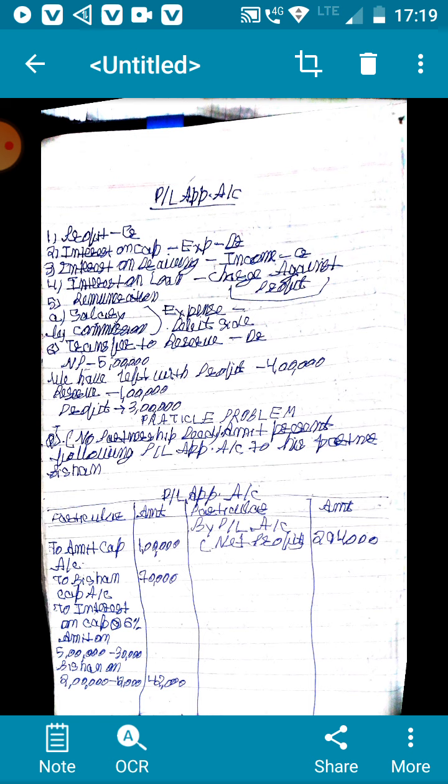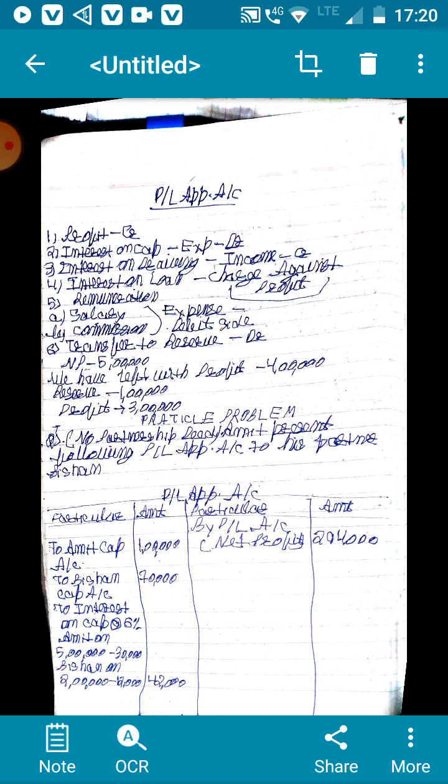Why did we deduct the 1 lakh from the net profit in the profit and loss appropriation account? Because below net profit we should deduct the interest on capital and the salary.